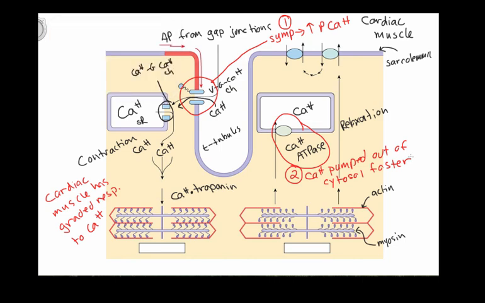And as the heart fills with blood and stretches, these channels right here also respond to stretch. And that means as you stretch these channels, because the heart's filling with more blood, then more calcium enters as well, and you end up with a stronger force of contraction.